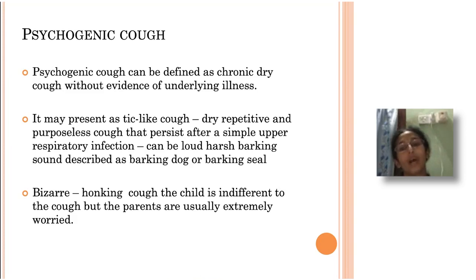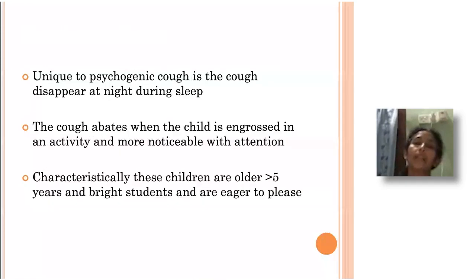It can be loud, harsh, described as barking, or it can present as a bizarre honking cough. The child is indifferent to the cough, but the parents are usually extremely worried. Unique to the psychogenic cough is that the cough disappears at night during sleep. After the child goes to sleep, there won't be any cough episodes at all.